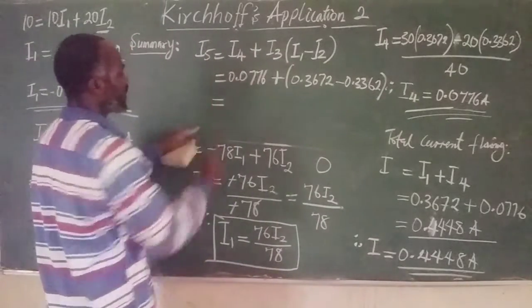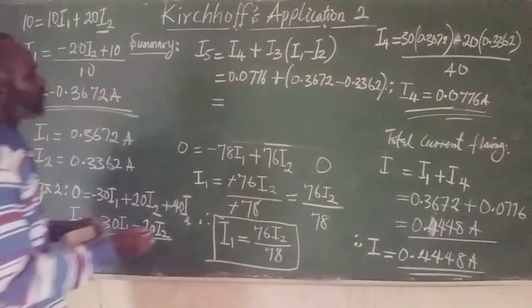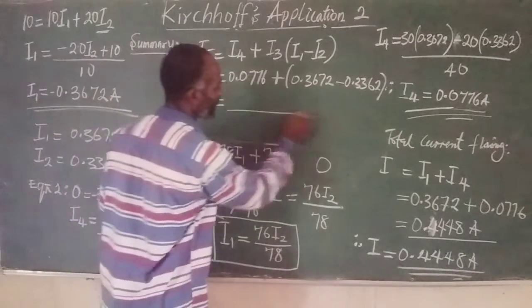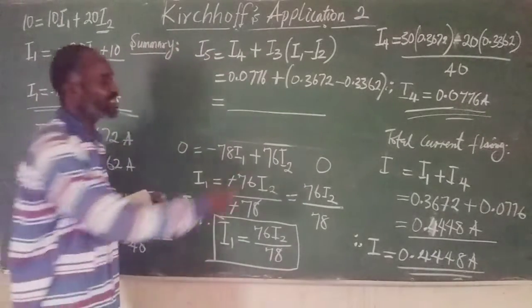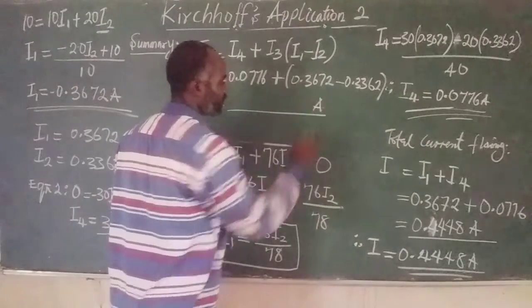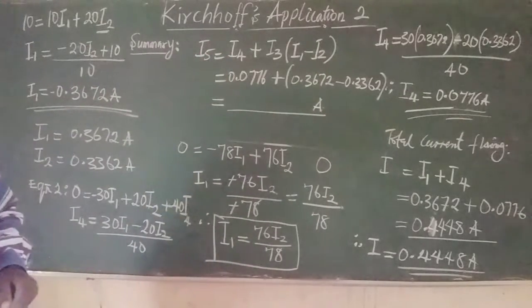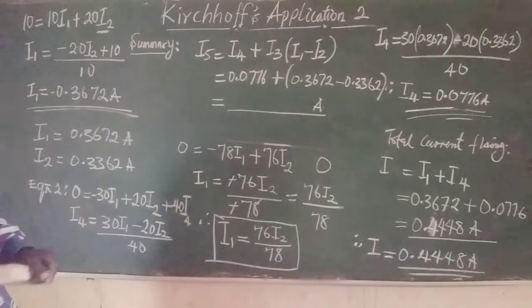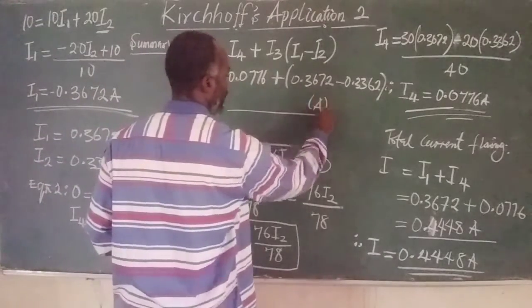At the end, we need to find the value of current 5, and I want to leave that for you. The unit of current 5 is amps, and we're going to leave it at this point.